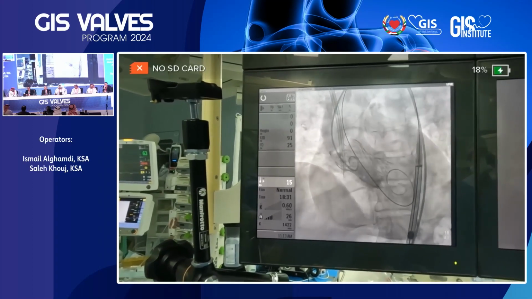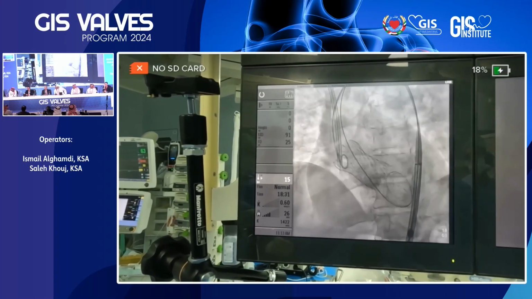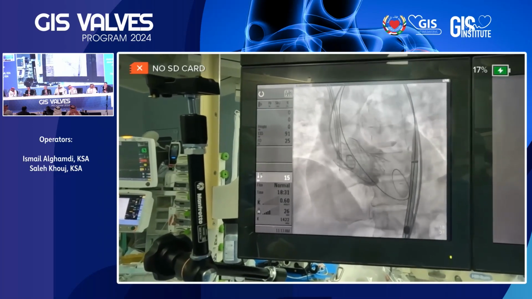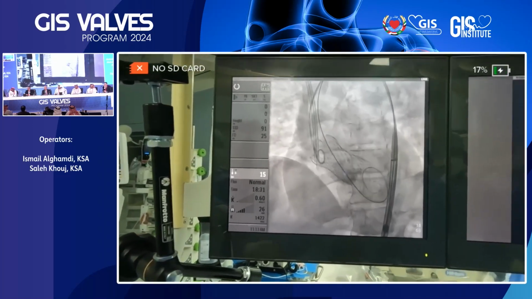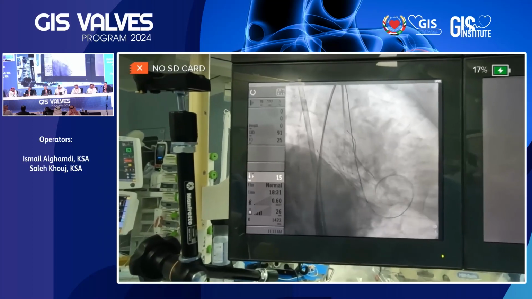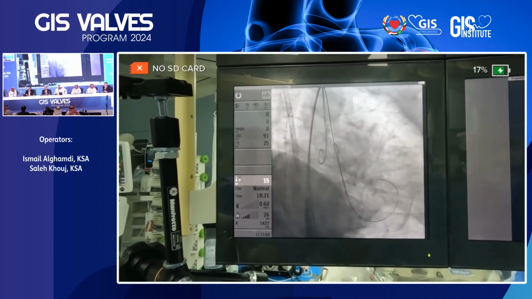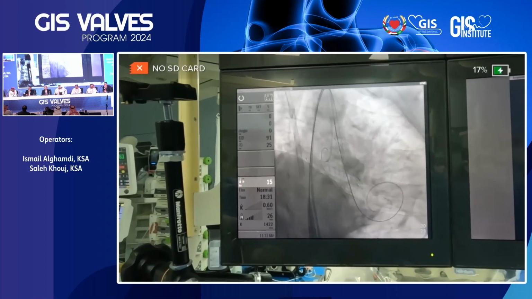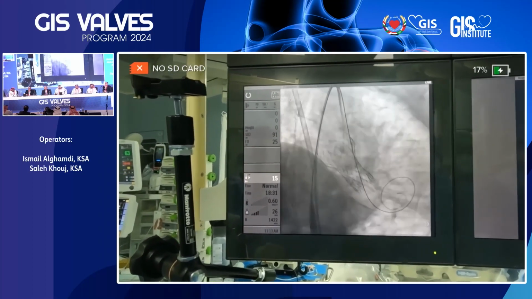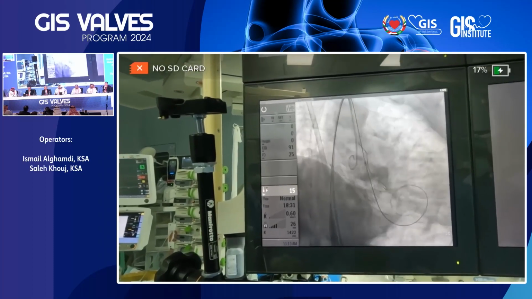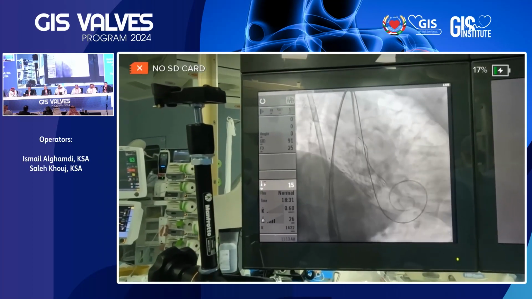Again, you can appreciate around 3 to 4 millimeters from the left cusp. Next view. This is the cusp overlap, and this is the injection. This is the last view in the cusp overlap. Do you have one without the wire? Not yet.